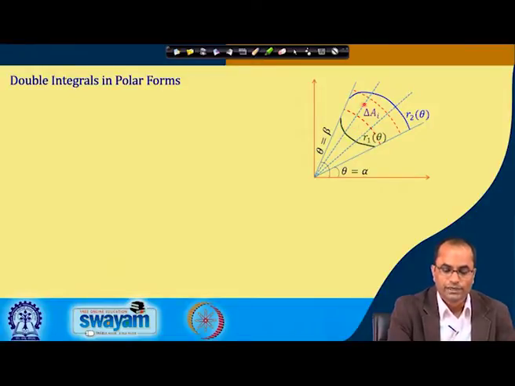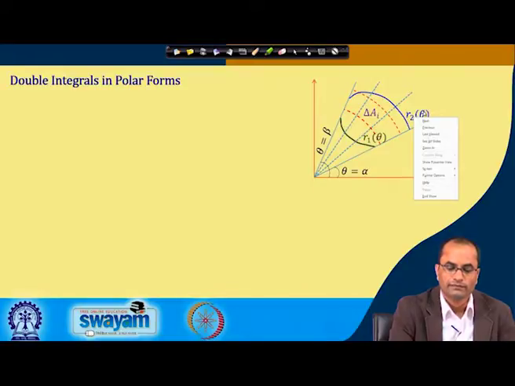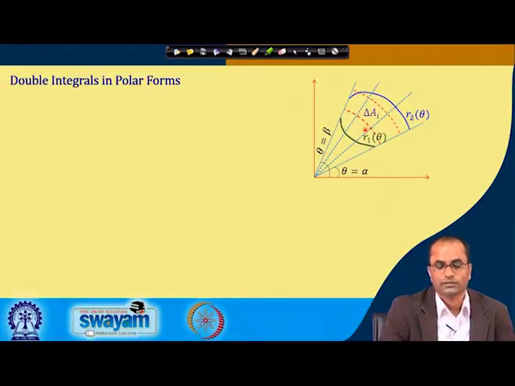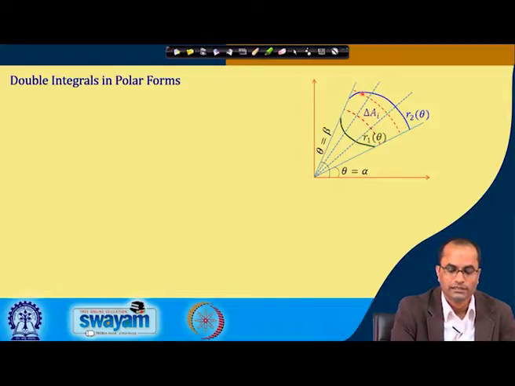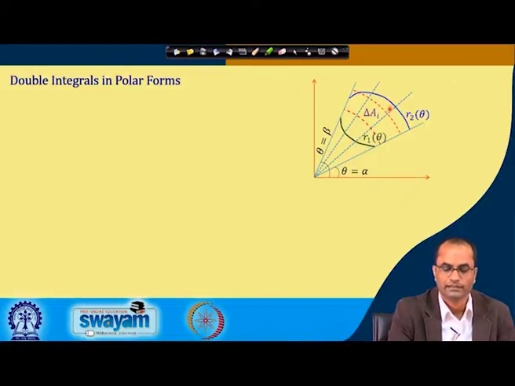So, in that situation, when our domain is bounded by these two curves r 1 theta and r 2 theta, we can do the integration easily with the help of polar coordinates, because the limits for this domain are easy to evaluate. In the direction of r we are entering the domain from r 1 theta and exiting from r 2 theta.